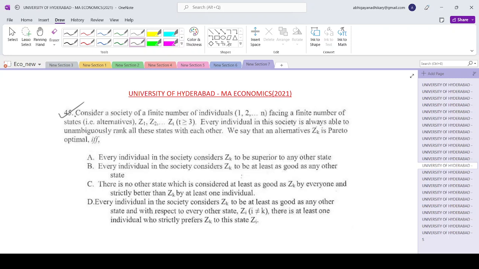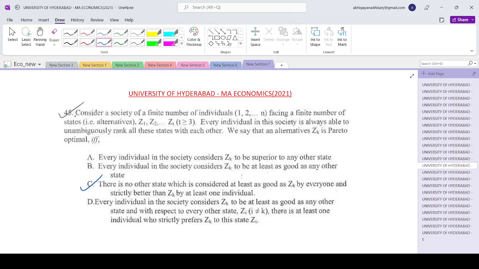So essentially, this is a question directly from theory. And if you closely look at the options, the way in which it is written is what matters. So the correct option will be C. There is no state which is considered at least as good as zk by everyone and strictly better than zk by at least one of the individuals.